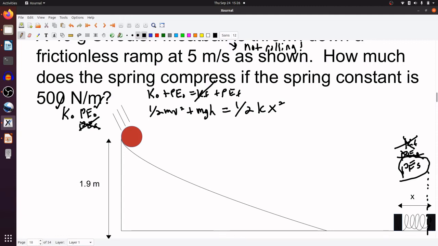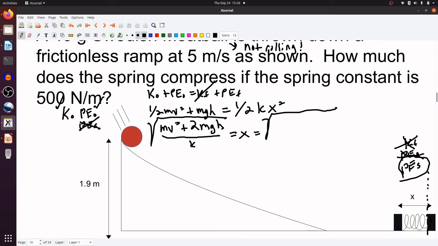And that's going to give me mv squared, I forgot my 2, plus 2 mgh, all over k, square rooted, is equal to x. So I'm going to pull out my mass inside the square root, so I'll have to write slightly less.